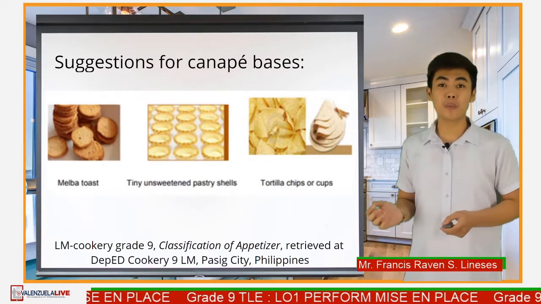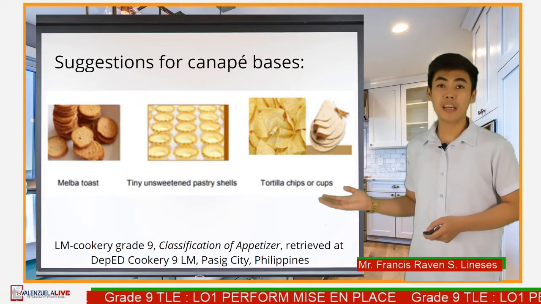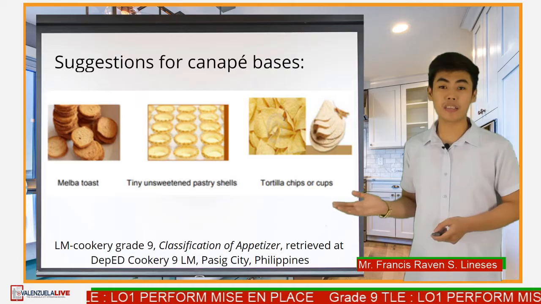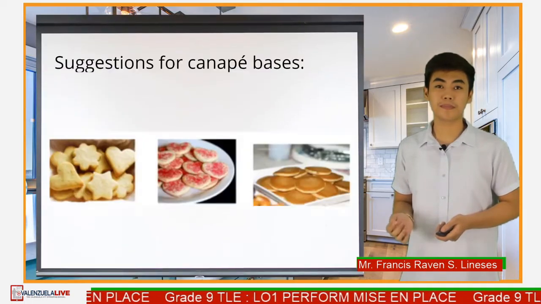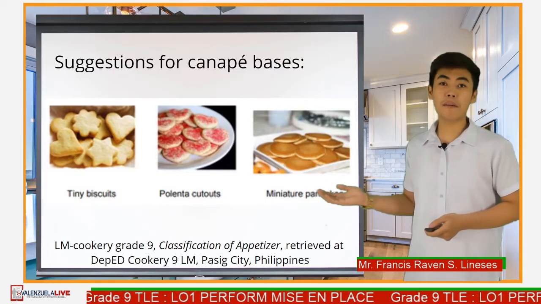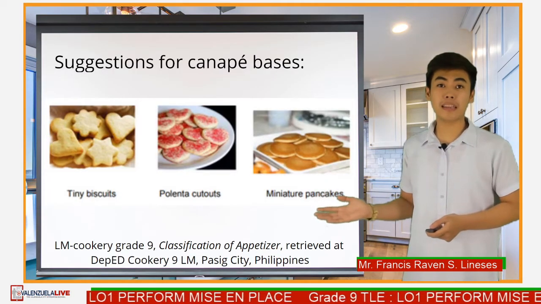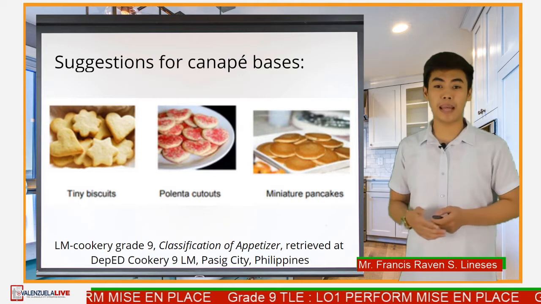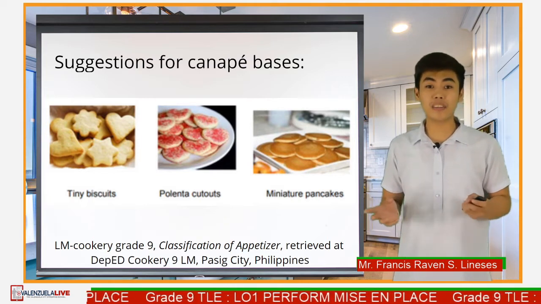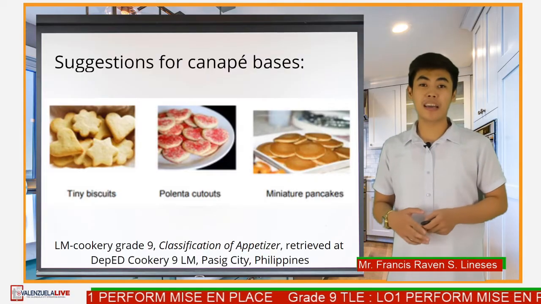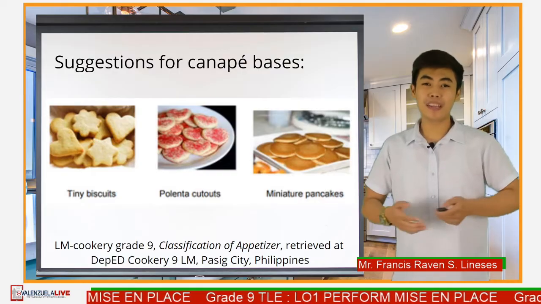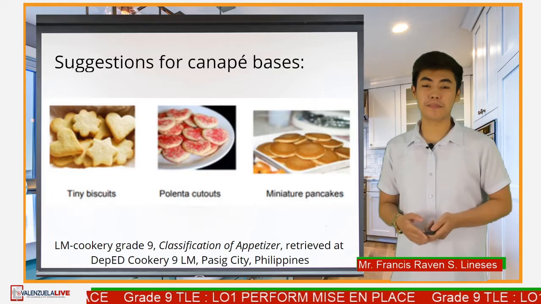Aside from that, we also have melba toast, tiny unsweetened pastry shells, tortilla chips or cups, tiny biscuits, polenta cutouts, and miniature pancakes. Crackers and toast are firmer and give a pleasing texture and crispness to the canapé.